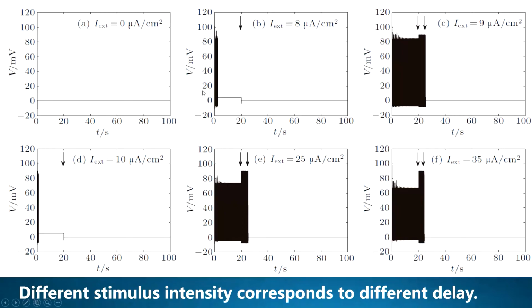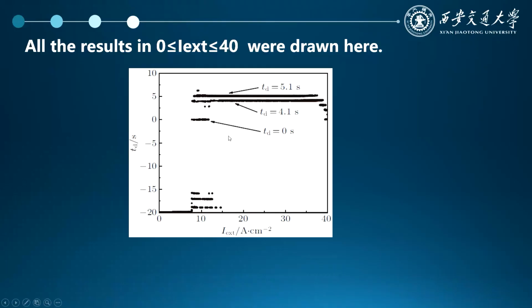The neuron cannot fire continuously. Figures B, C, and D show the firing patterns of the neuron in this part, from 7.5 to 50, indicating a different neural firing mode that switches frequently.